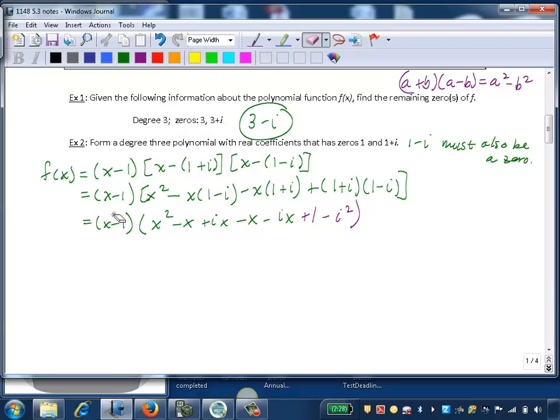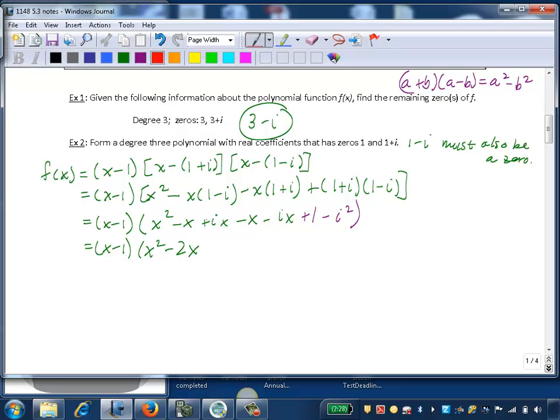Okay, so now I'll again bring down my x minus 1. And now we've got to combine some like terms here in the parentheses. So I've got my x squared here, so I'll just bring that down. Now I've got an x, a negative x, and another negative x, so I've got negative 2x.